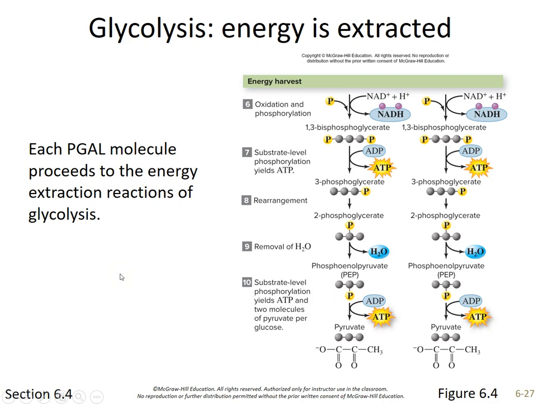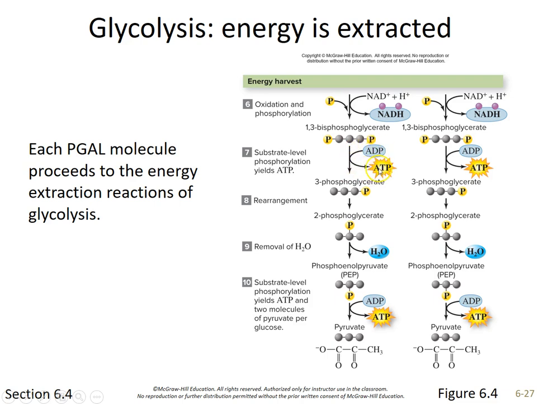Each pGal molecule proceeds to the energy extraction reactions of glycolysis, so the energy harvest part. We put 2 ATP in. Let's see what comes out. Then we have oxidation and phosphorylation, and we get 1,3-bisphosphoglycerate, and we have our first yield of ATP.